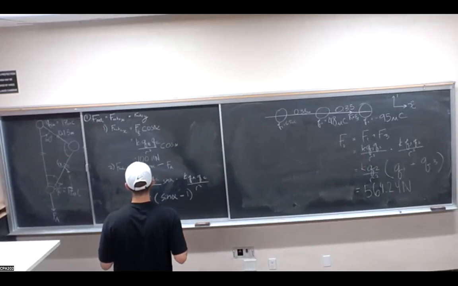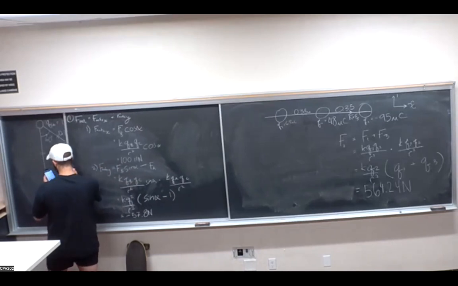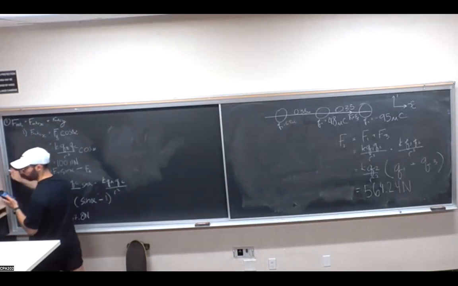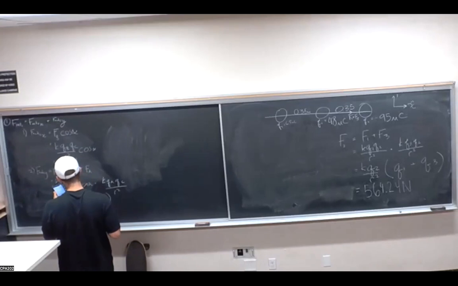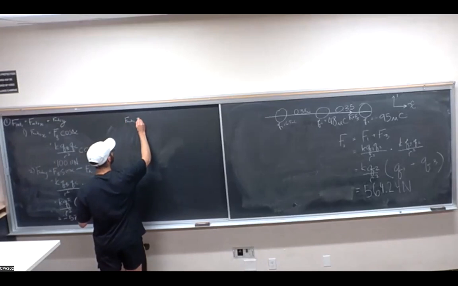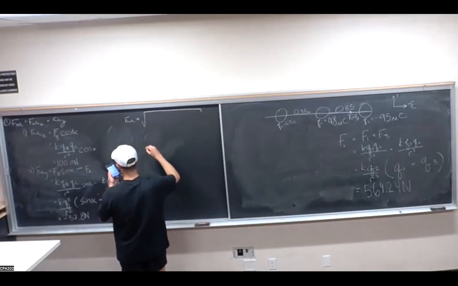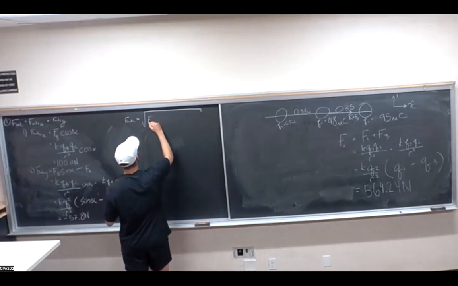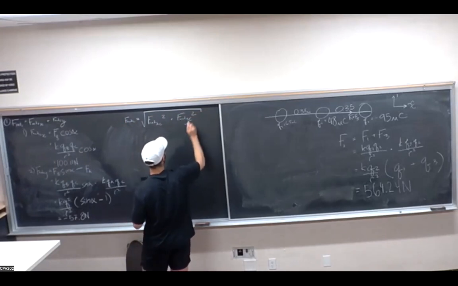All right, so now we have found our X and Y components. What's left to do here is pull out that F net C. So F net C is going to be equal to the square root of F net XC squared plus F net YC squared.